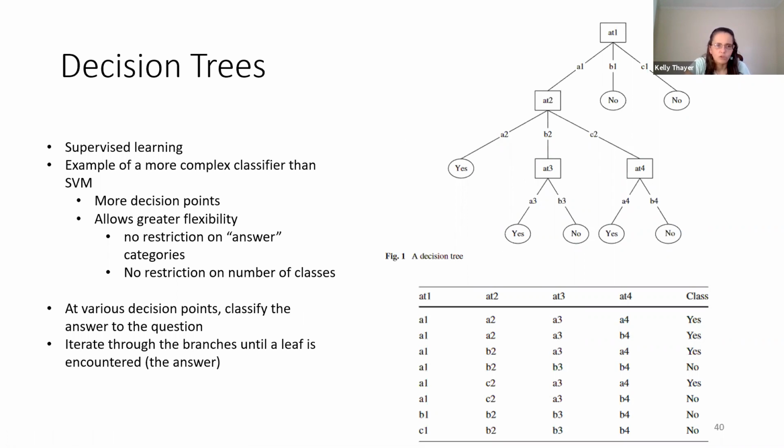That means there's no restriction on the number of classes. So here is an example, and at various points you're going to classify by a yes or no question or by a multiple choice question, but iterate through the branches until a leaf is encountered. That is the end. This is similar to what we were talking about in classifying the shapes.